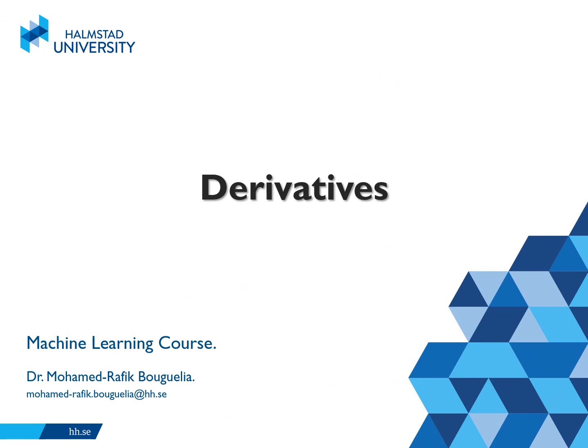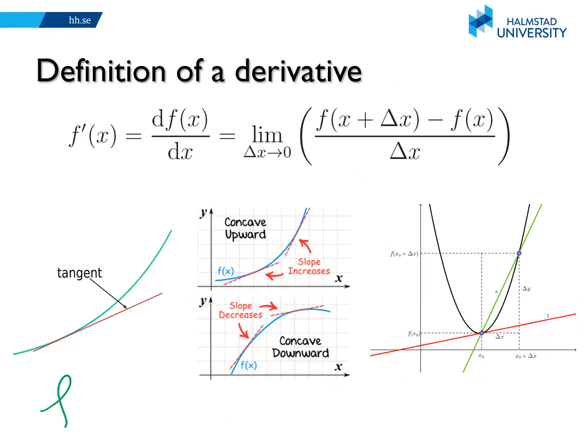Let's now talk a little bit about derivatives. Suppose that you have a function f, and this function takes some argument x. X here is just some argument, it's a variable. It's not a data point or feature vector as previously, but just some argument. And you want to compute the derivative of the function f with respect to x.